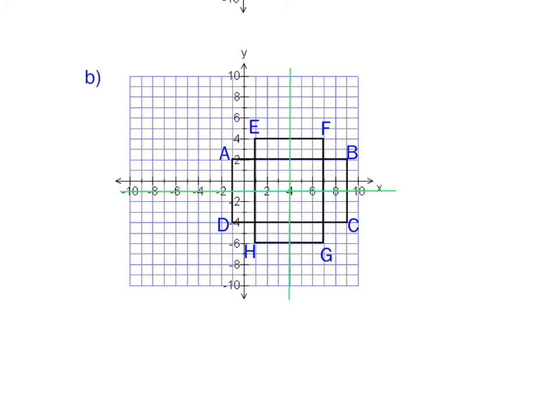Two lines. Two examples of what line symmetry is. So, we'll write that up. There's two lines, so we have to talk about both of them. The first one went through -1 on the y-axis. The second one went through 4 on the x-axis.